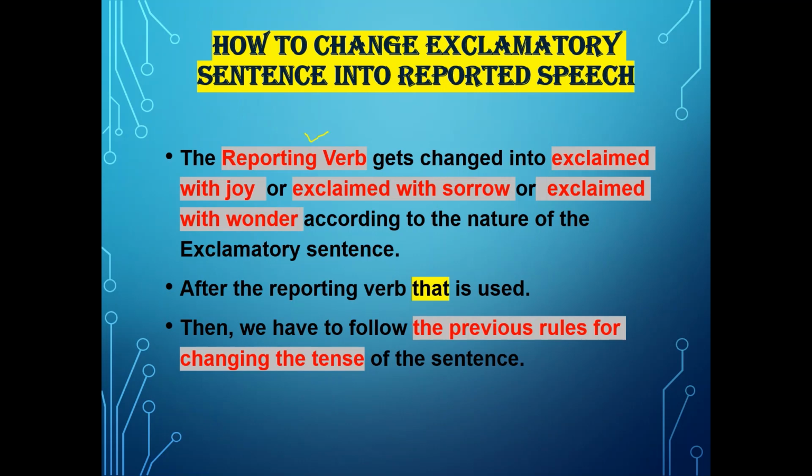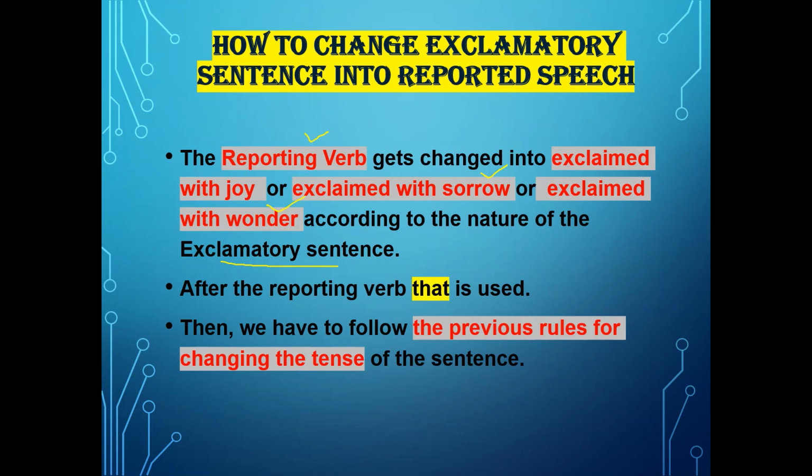If the exclamatory sentence is expressing joy, then it will change into exclaimed with joy. If it is expressing sorrow, then it will change into exclaimed with sorrow. And if there is surprise, then it will change into exclaimed with wonder.